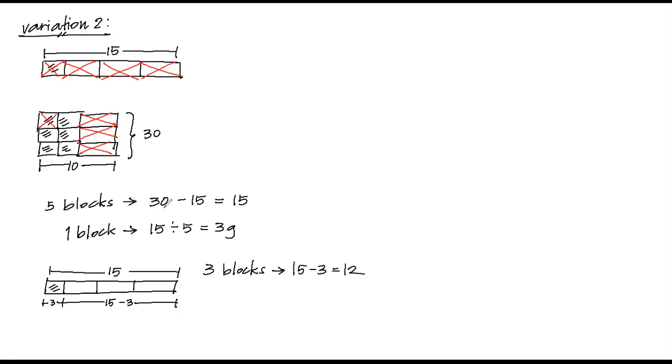Now, how about for one piece of peach, or the weight of one peach? So one block is 12 divided by 3, due to the previous number, 3 blocks. So it is 4 grams. And it makes sense because from our previous answer, it's still the same answer.